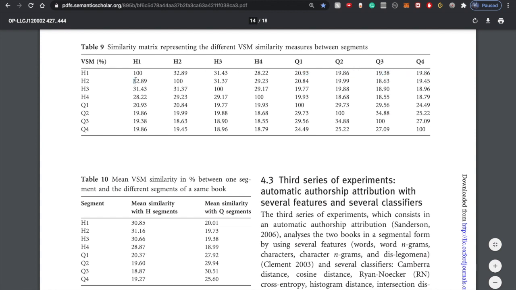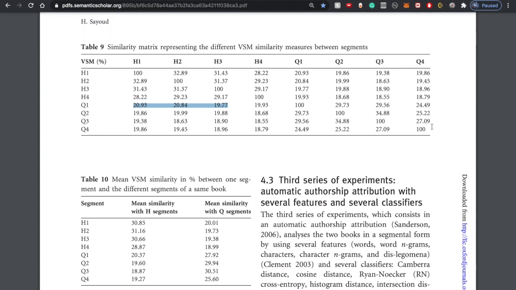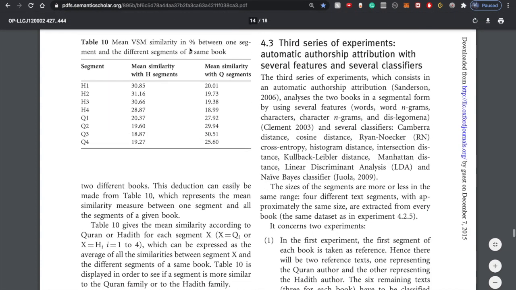For Hadith 2, again, around 30% versus 20%. So you can clearly see this sort of thing happening here. Everywhere it's 20 versus like 26 or 25 or whatever.